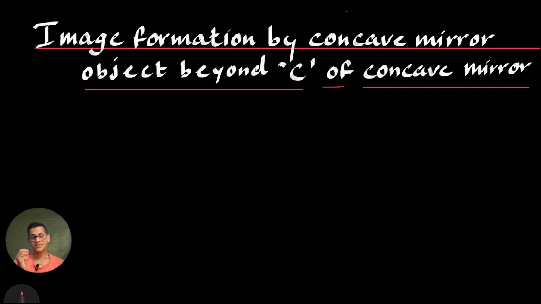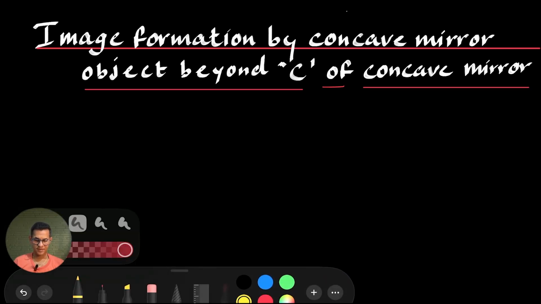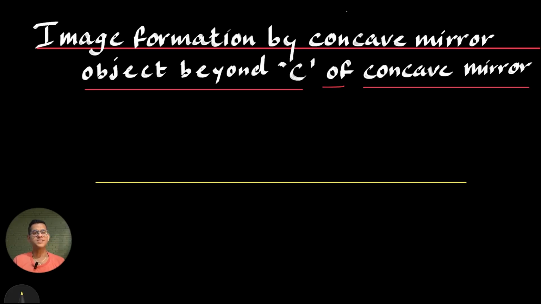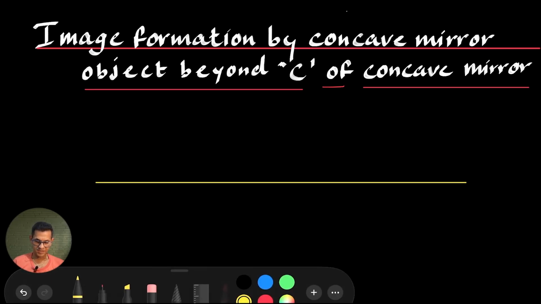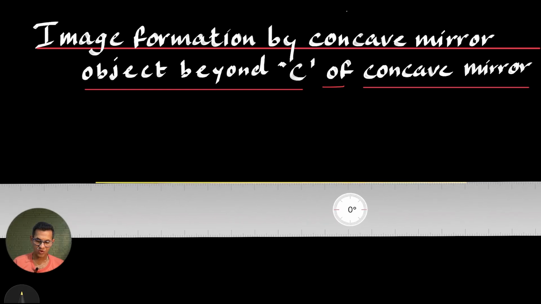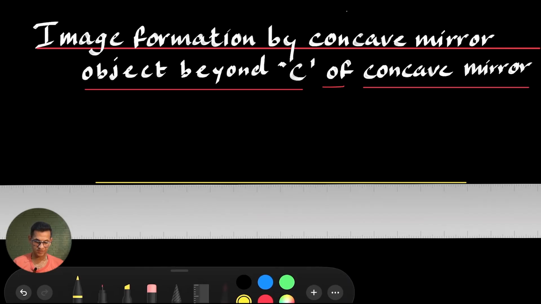So now let's actually see how we can draw the ray diagrams to find the image formation by concave mirror. We'll start off by drawing a principal axis, somewhere around 10 centimeters should be enough, but you can always extend this line whenever you need. Next, I have to mark 3 points, and all these 3 points should be at equal distance from each other.